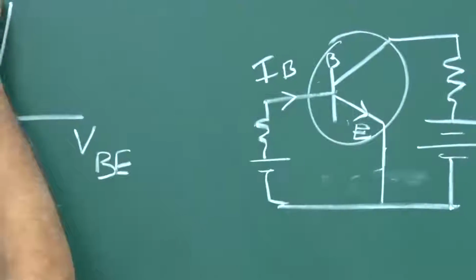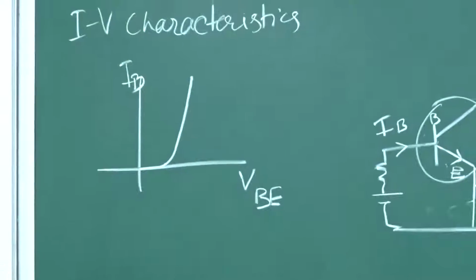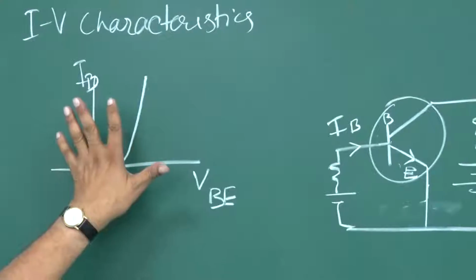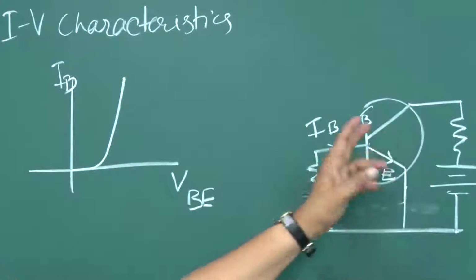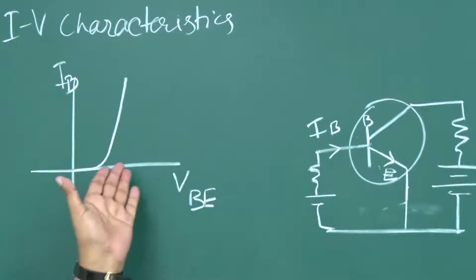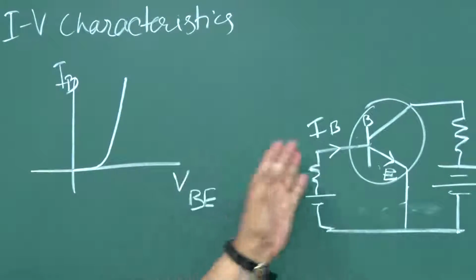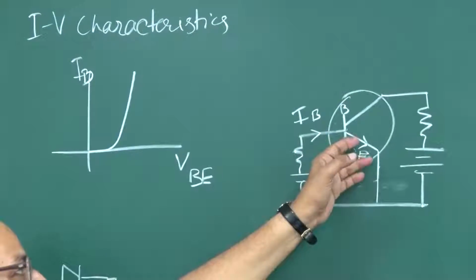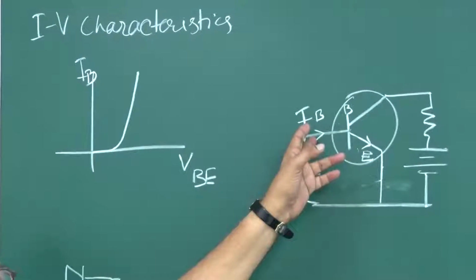So if this is current IB, it will almost look like this. If this collector was not there, of course this is a p-n junction and it should be this characteristic. What is the effect of the collector here? Of the electrons which are coming, only a small fraction is going.